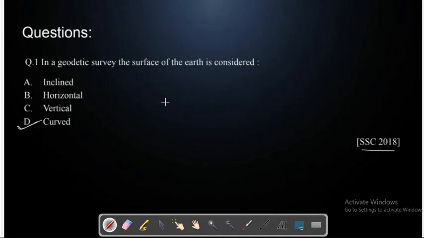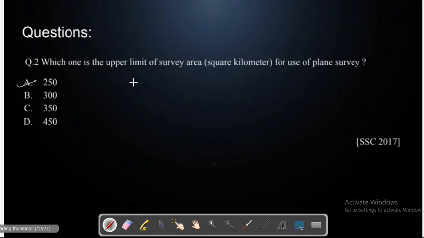So if you see some of the questions, like in SSC, in a geodetic surveying what is considered? It is a very, very simple question. For a geodetic survey, we consider the earth surface or the curvature effect. That means the earth surface we consider as curved. Okay. Next, which one is the upper limit of the survey area?